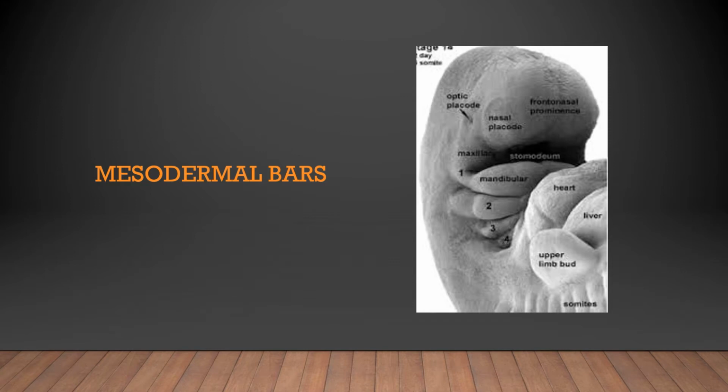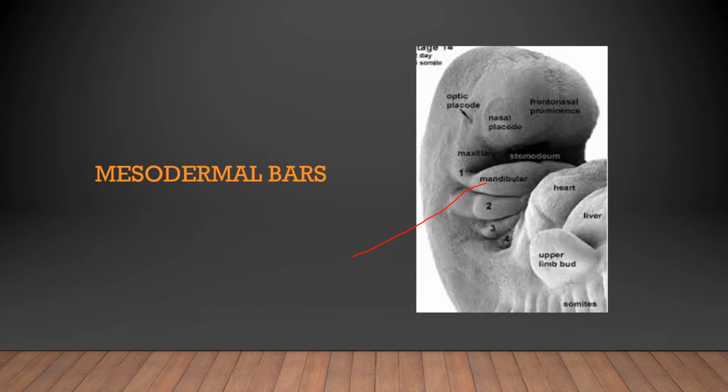Here we can see the mesodermal bars. There are totally 6 mesodermal bars which look cylindrical in shape. These are the mesodermal bars that appear in the branchial apparatus.